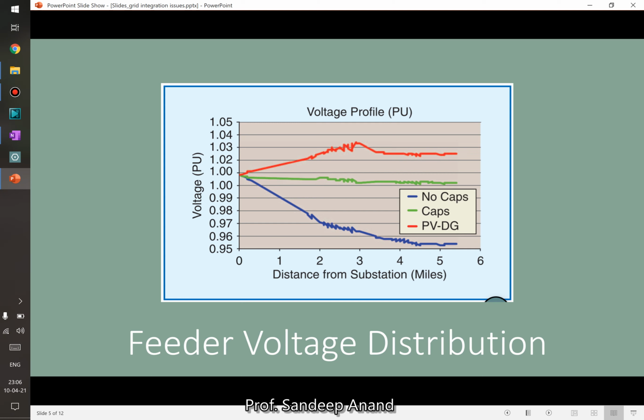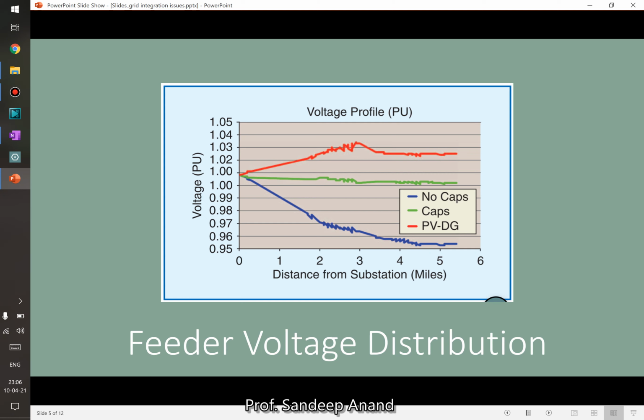So earlier, where the capacitor used to solve the problem, here the capacitor bank may not be of much help for this kind of situation. In fact, those capacitors would probably get deactivated, and still the problem of voltage increasing as we move along the feeder might remain.